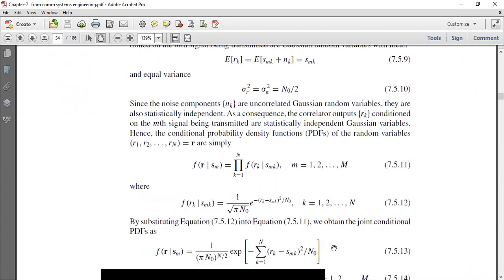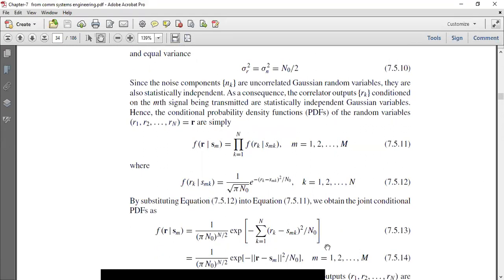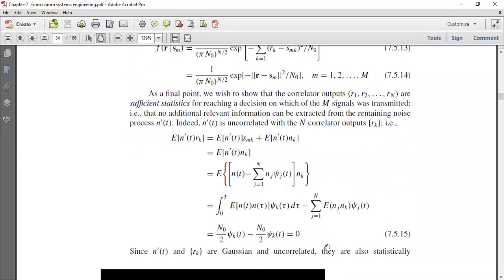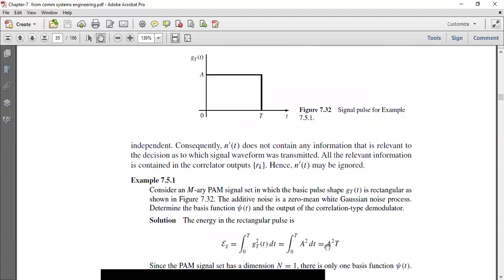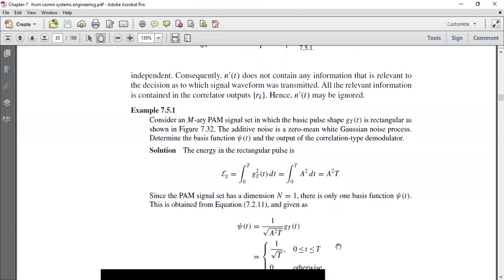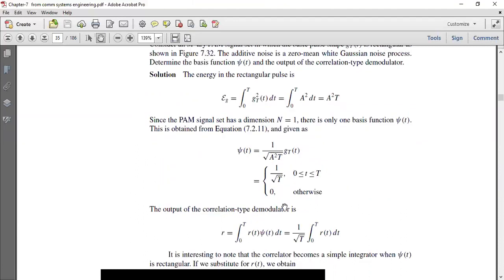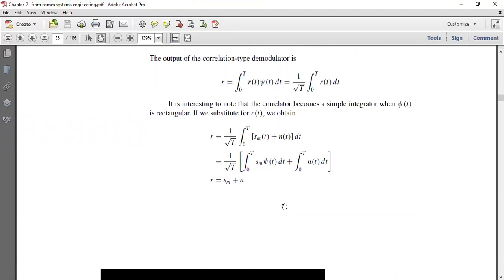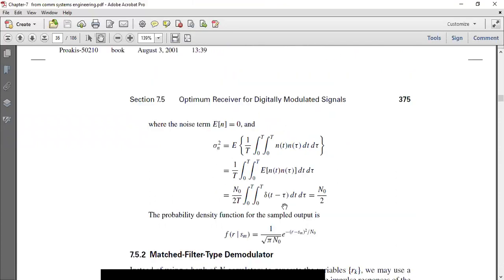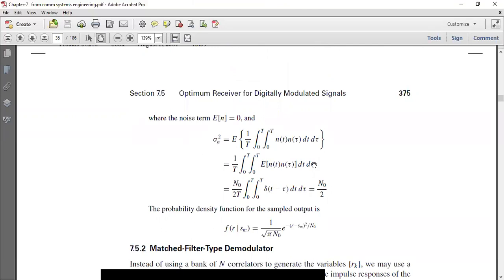Okay, yes. So we have covered up to this point. Example 7.5 was covered here in the slides. PAM signal, you can see all those details we've already discussed, and you are very well familiar with the notation that we are using. So we have already covered up to this point.